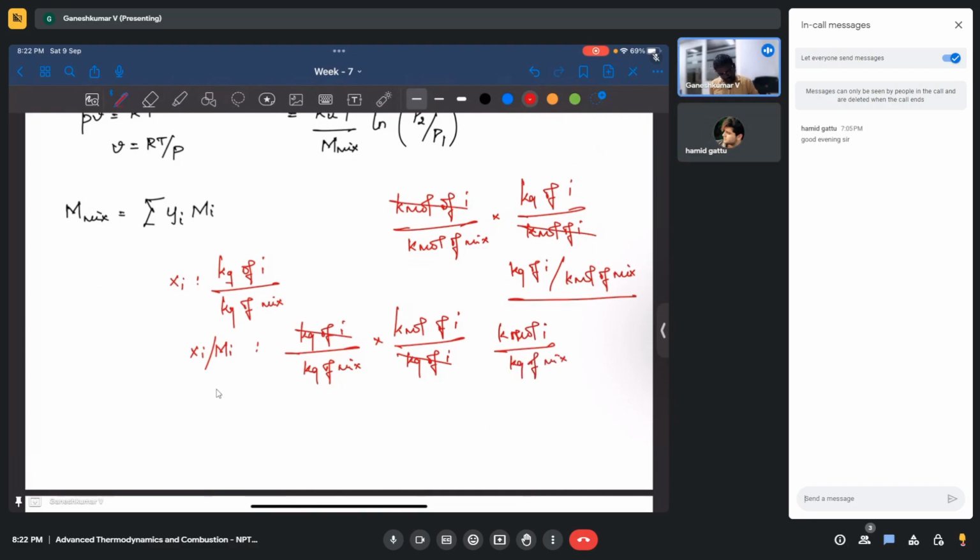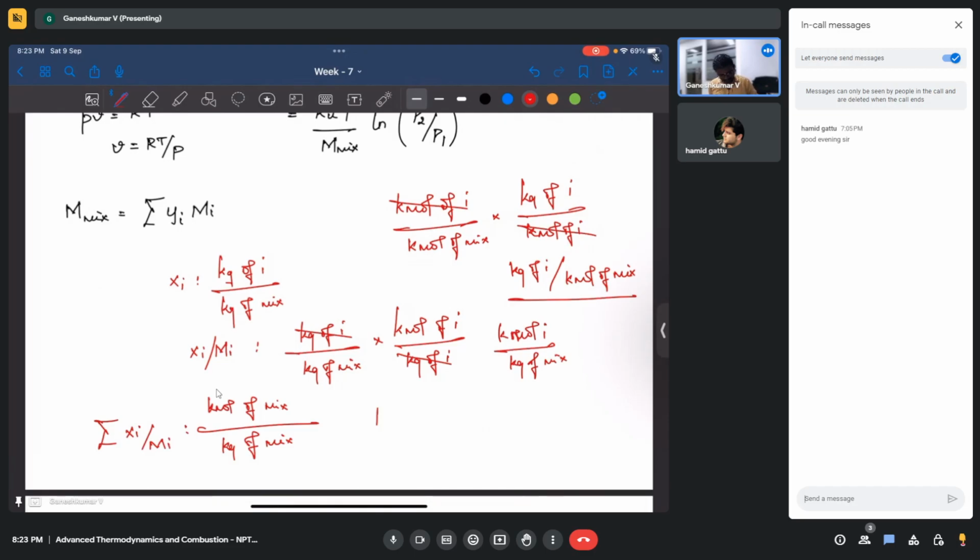And then if you add all these things, you get kilomole of mixture by kg of mixture. So when you add summation of xi by mi, you will get kilomole of mixture by kg of mixture.